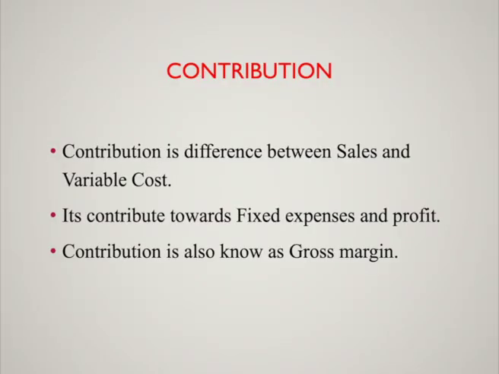This contribution covers fixed cost and profit. When you deduct variable cost from the sales, that is called contribution. Contribution includes fixed cost and profit, and it is also known as gross margin.